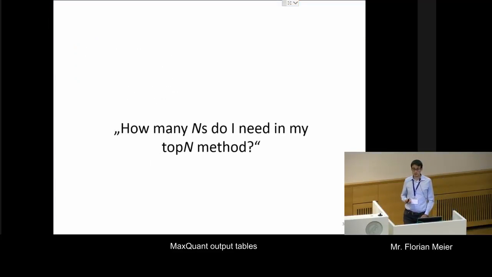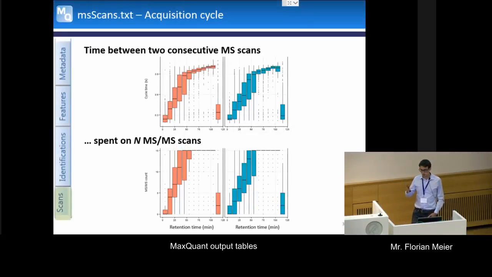So one question that I often get asked is, we always talk about those top n methods, but how many n's do we actually need, and what is a good number of n for my experiment? So one guideline for this is that you want to keep the cycle time low enough to cover the chromatographic peak, so that you have at least 6 or ideally 10 data points or MS-MS scans over a chromatographic peak.